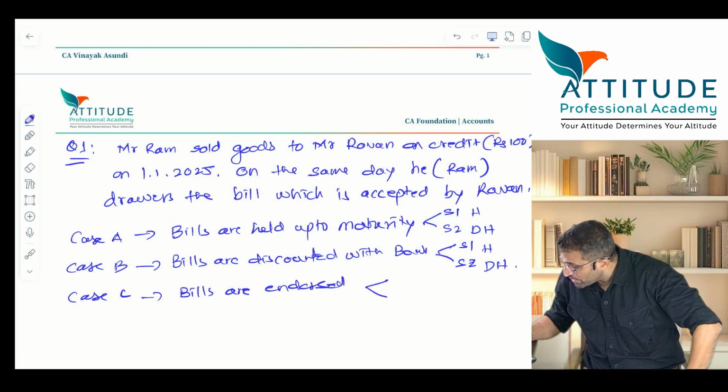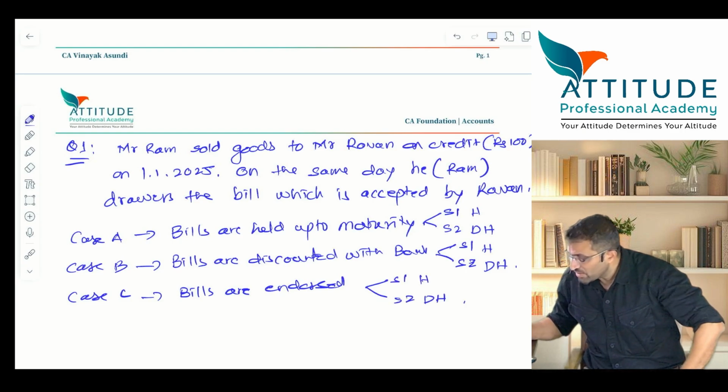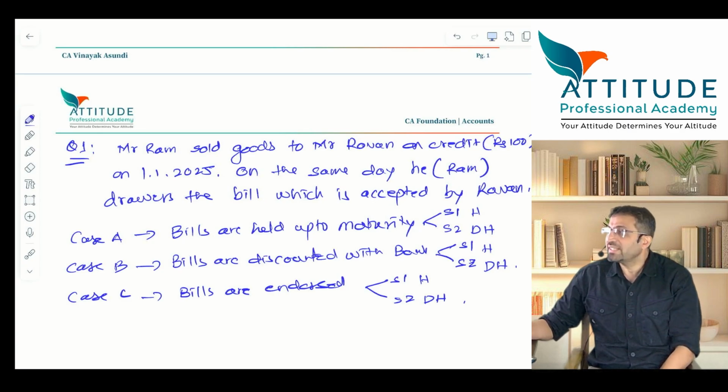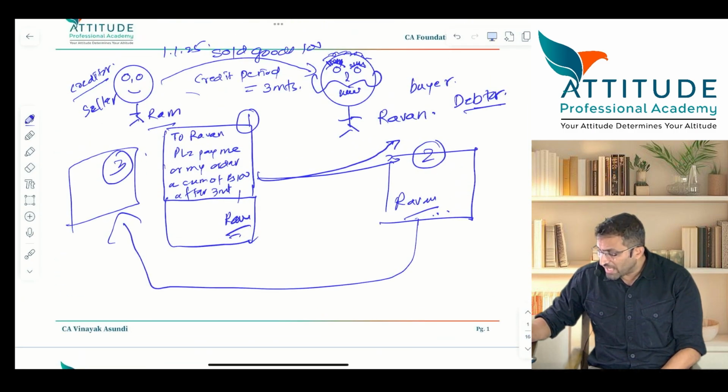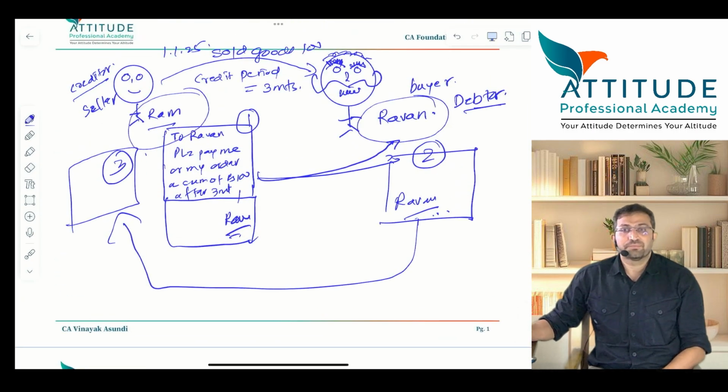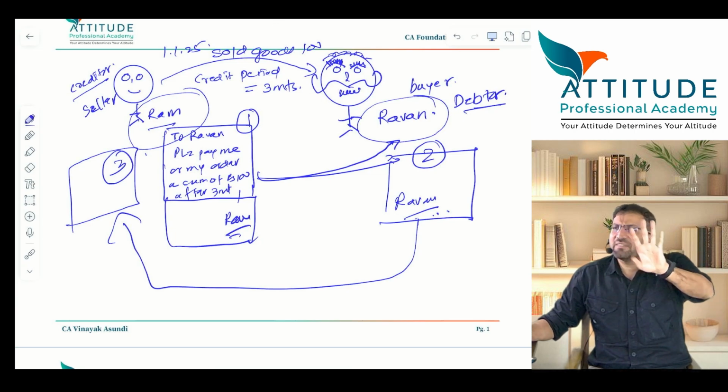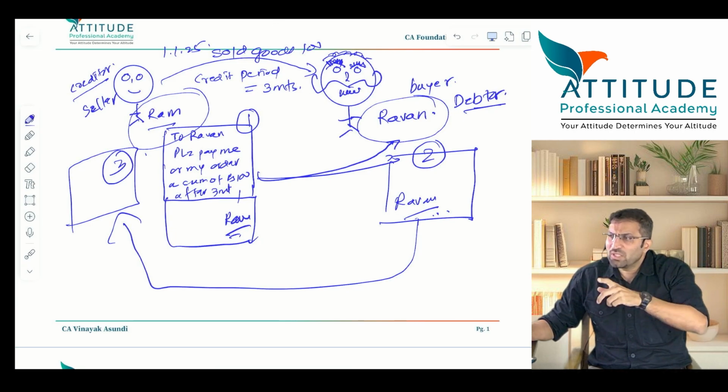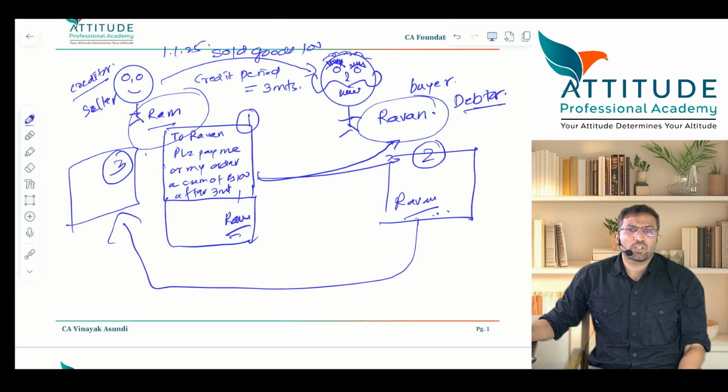Here also situation 1, situation 2, honored as well as dishonored. For all these things we will have a sum and we'll pass the journal entries, both in the books of Ram as well as Ravan. Is that clear? Very interesting topic, and a good number of sums can also be asked from this chapter.